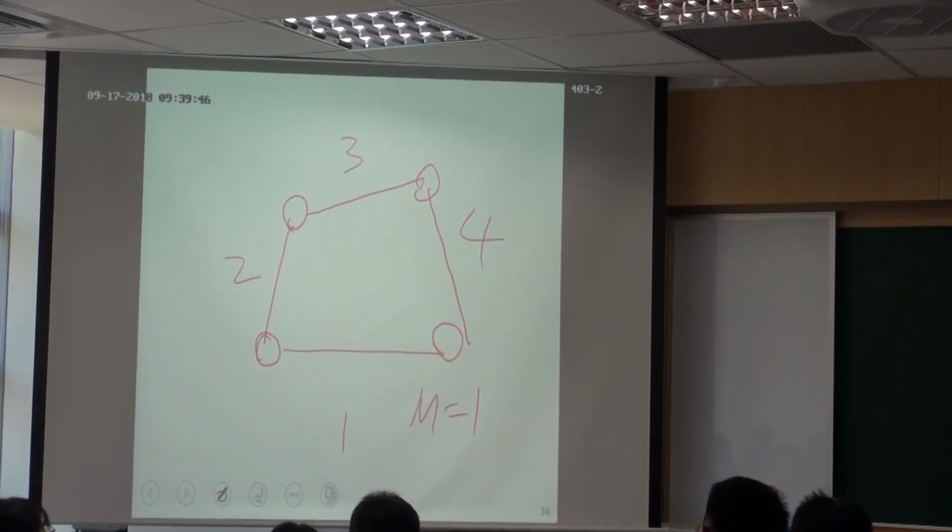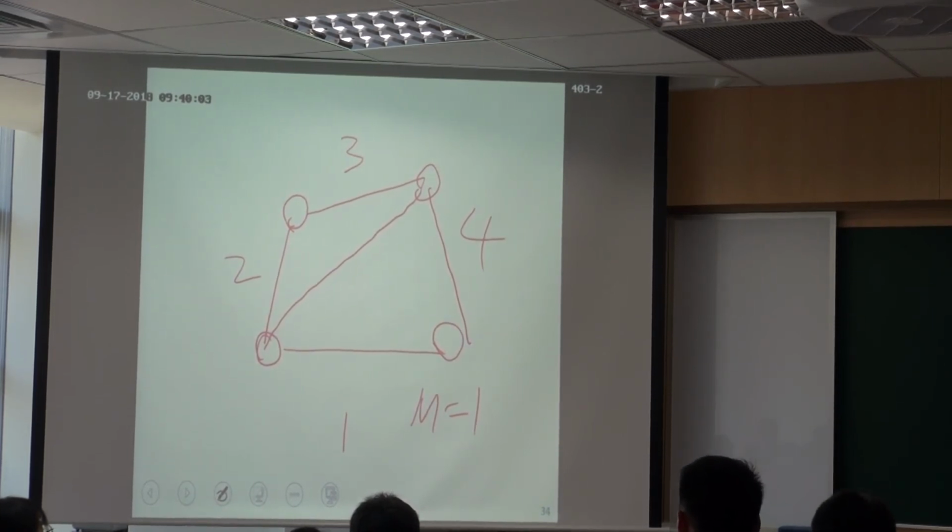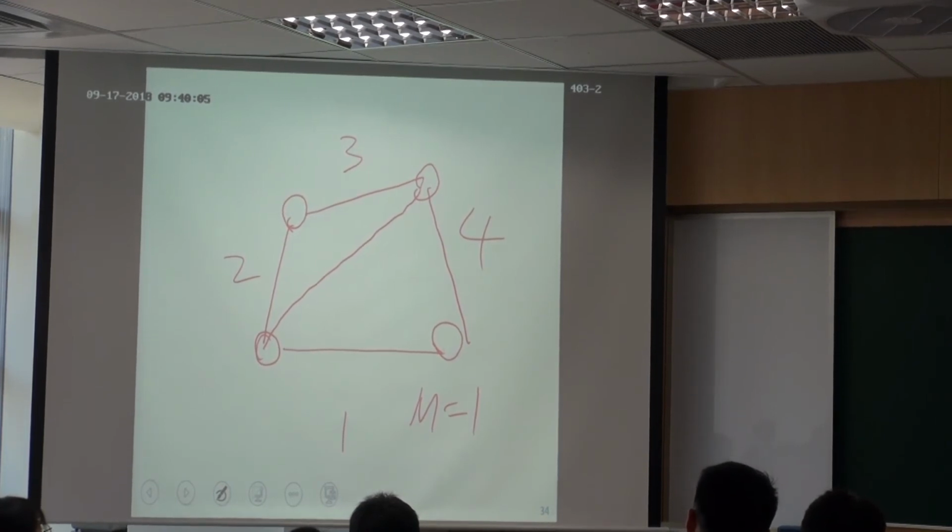And in the previous case, there's 1 additional bar put here to connect these 2 points together. Once we add this bar here, do you think this mechanism is still movable? No, it's no longer movable. Then let's try to calculate the mobility.